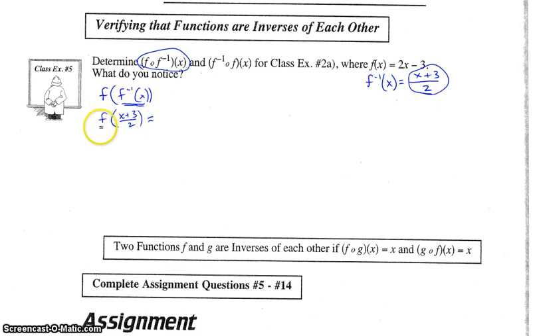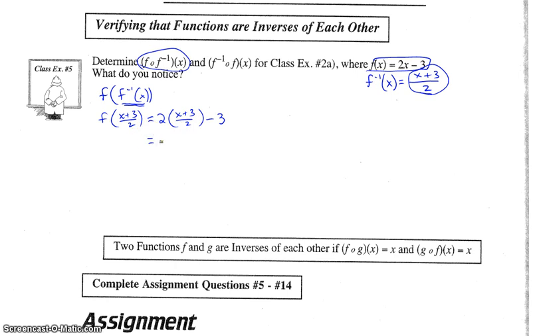Now we're dealing with the original function, 2x minus 3, and I'm leaving room to replace x. Let's put our new x in there: (x + 3)/2.